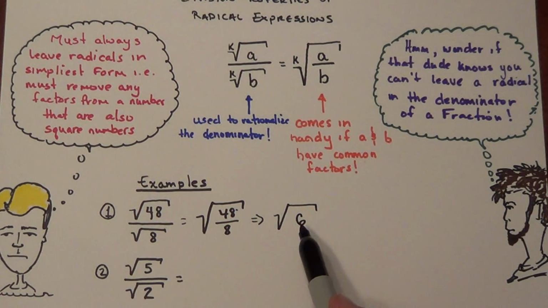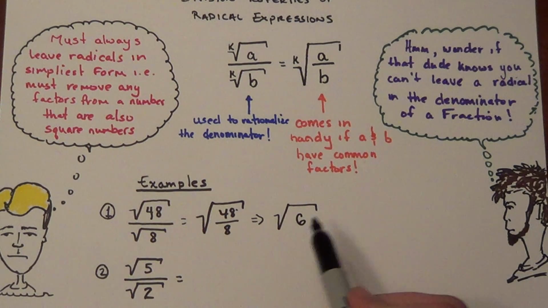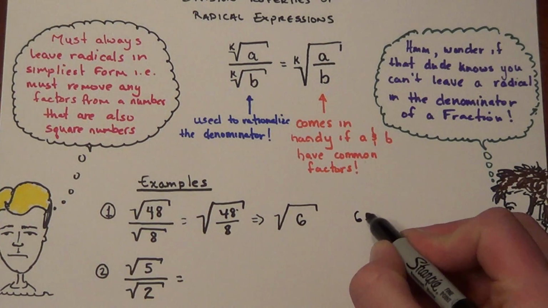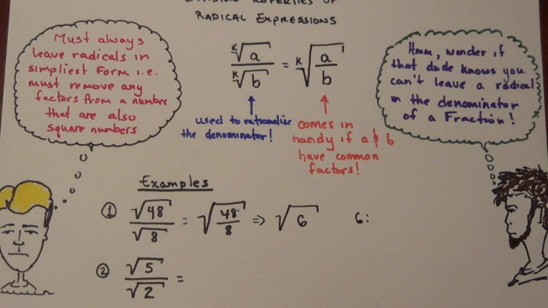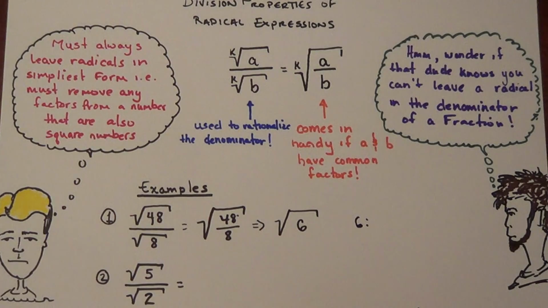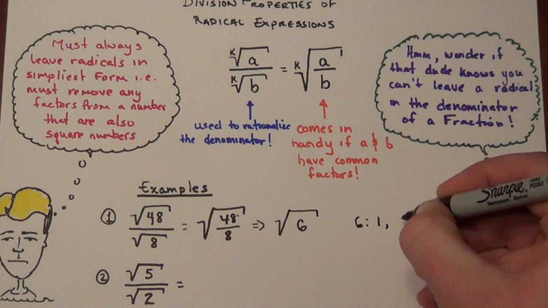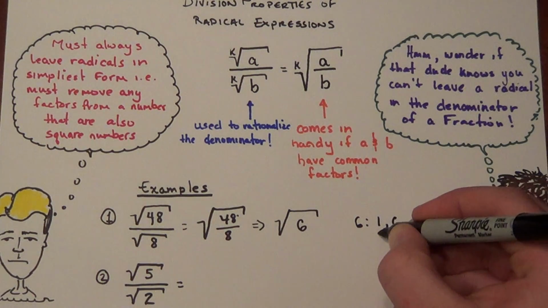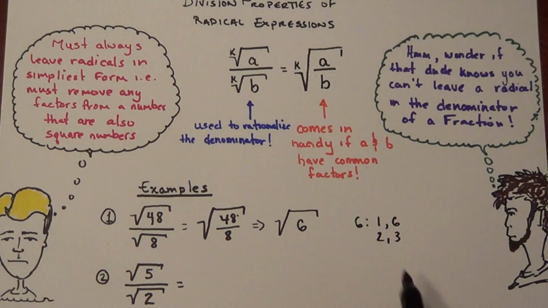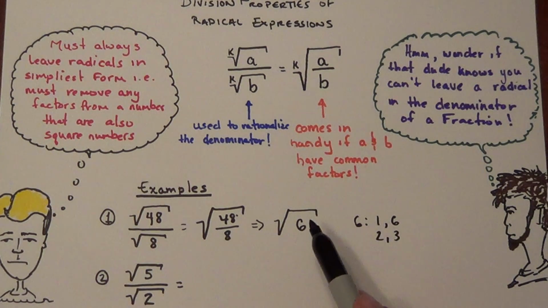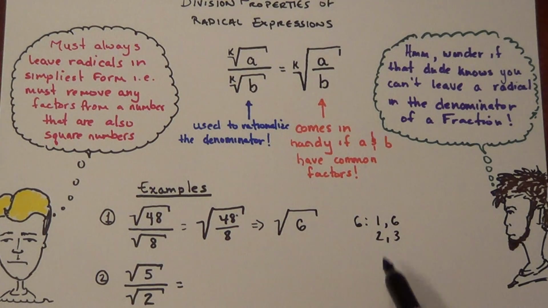And now that I have this value, what I'm going to check for is, are there any factors that are square numbers? So let me show you what I mean by that. If I write out all the factors of 6, so basically what are all the numbers that multiply together to make 6? And when I talk about that, I want specific integers. So 1 times 6 makes 6, and 2 times 3 makes 6. These are all the factors of 6 that I'm concerned with because I can't use negatives in this expression.